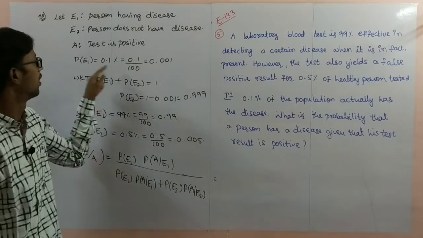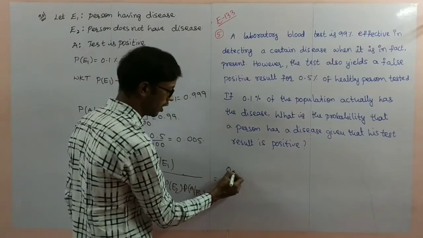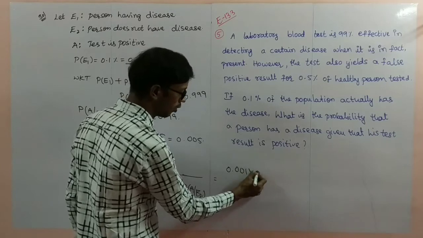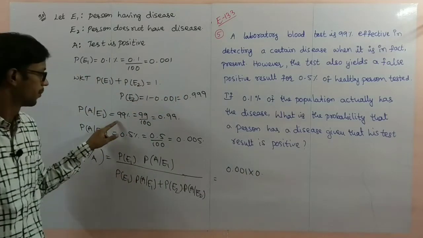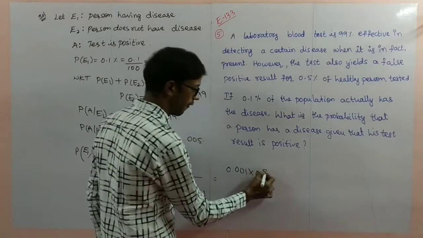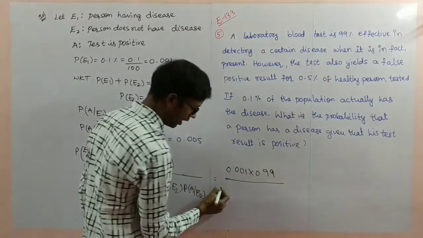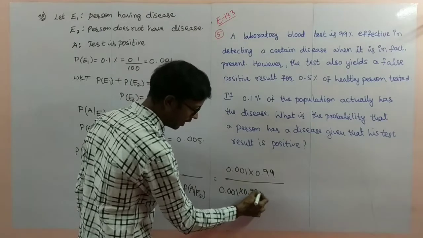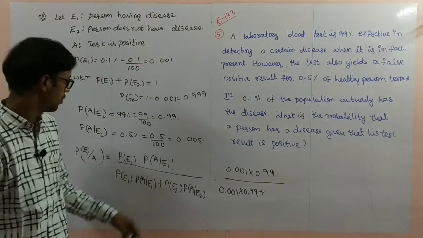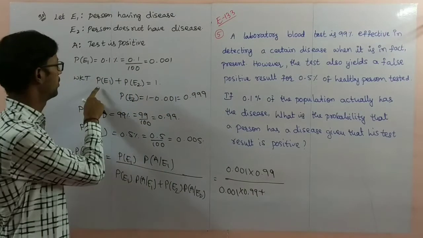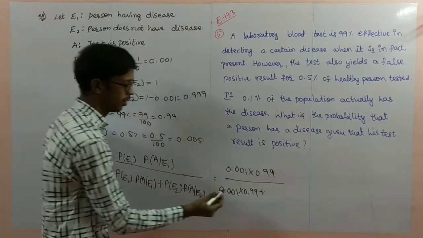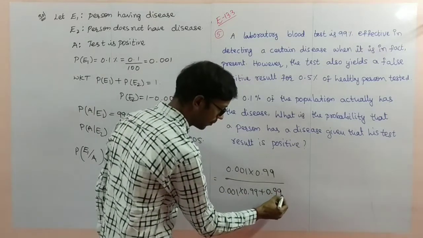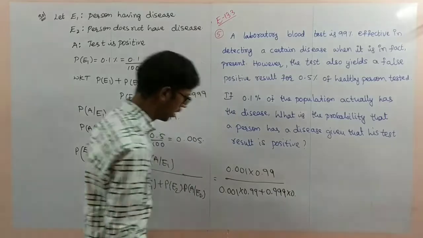What is the probability of E1? 0.001 into 0.99, divided by 0.001 into 0.99 plus the probability of E2. What is the probability of E2? 0.999 into 0.005.